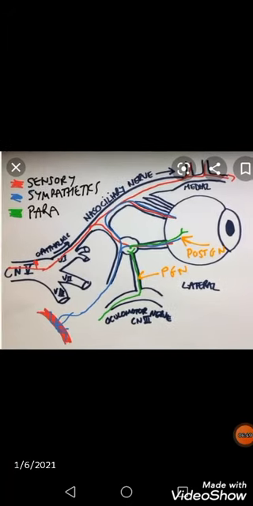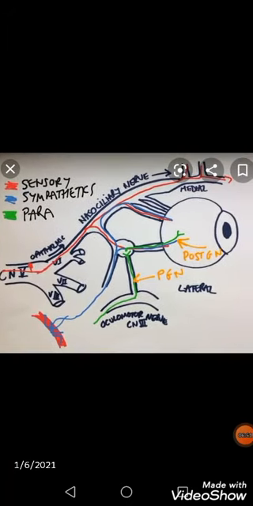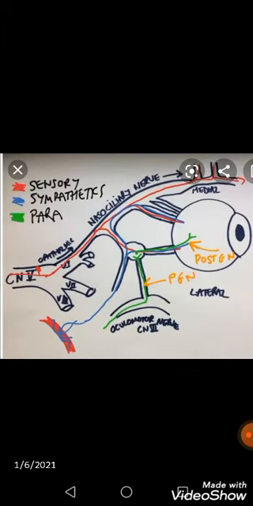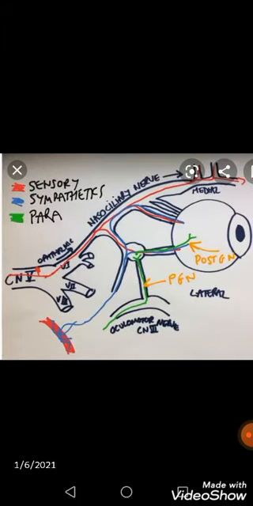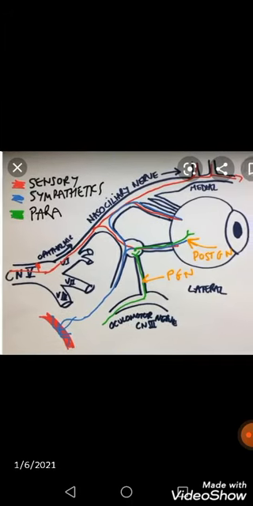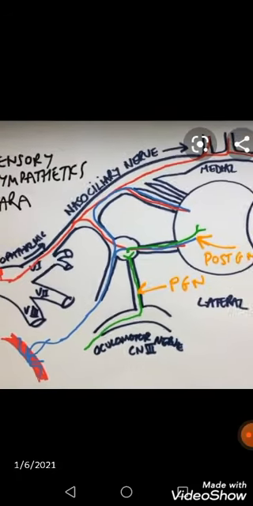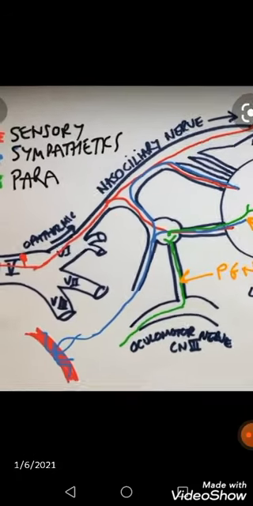Again, another schematic representation. Keep an eye on the icons: red color is sensory, blue color is sympathetic, and green is parasympathetic. First concentrate from below up. The oculomotor, the third cranial nerve, shows the parasympathetic fibers that run in the very center through the ciliary ganglion and through the short ciliary nerve towards your eyeball.